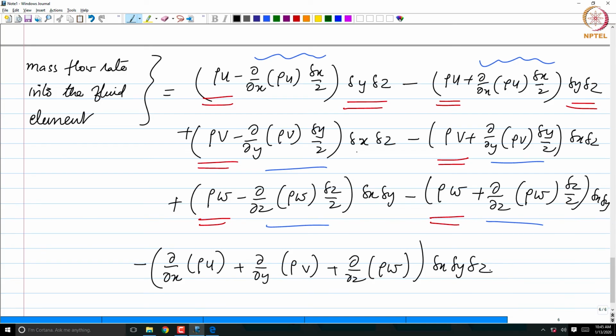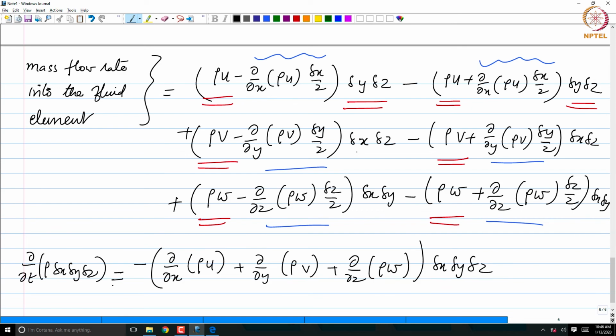So we have these three terms on the right hand side, and on the left hand side we had partial t of rho times delta x delta y delta z, that is the net rate of increase of mass within the control volume.